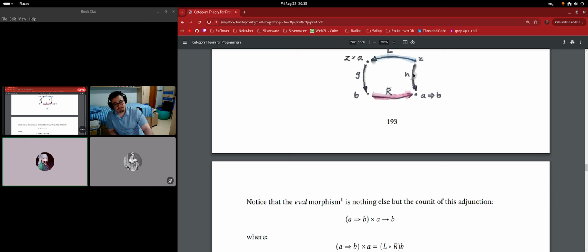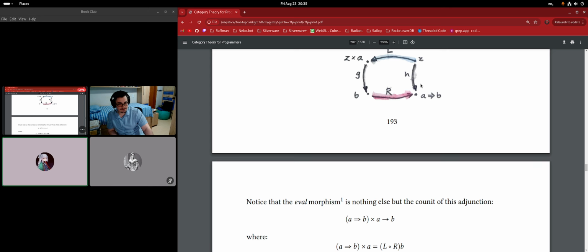L after R on B, right? So you pick B, you lift with R, and then I'm assuming you're gonna apply H. You cannot apply H then because H is the other way around. You see? I mean, you can unapply it, I guess.